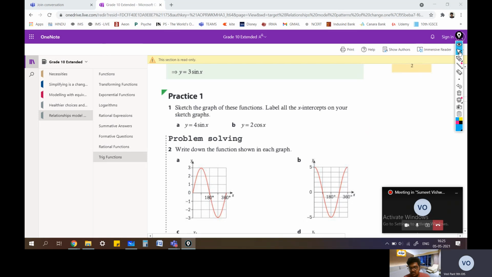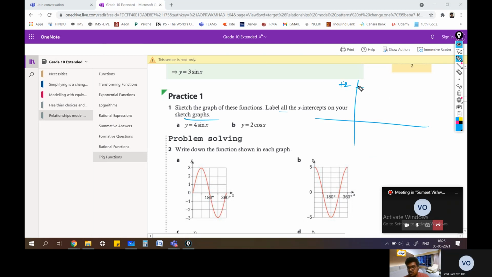So how do you do part B? This is 2 cos x, no? You know how the cos function works. If it starts from +1, here it will start from +2. It will start from +2, but that won't be the x-intercept. That will be the y-intercept.